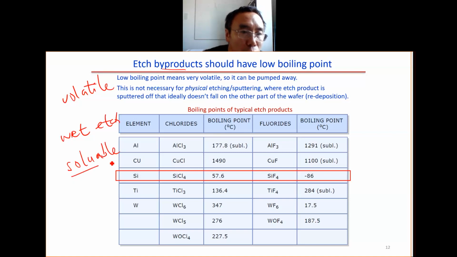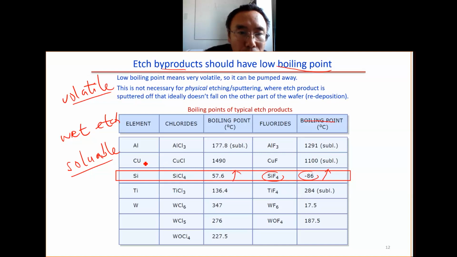For dry etching, we need the etching product to be volatile. Whether it's volatile or not depends on the boiling temperature. For example, silicon tetrafluoride has a boiling temperature of minus 86 degrees, so this is very volatile, which is good. Silicon chloride, at 57 degrees, is not very high, but this is also good.